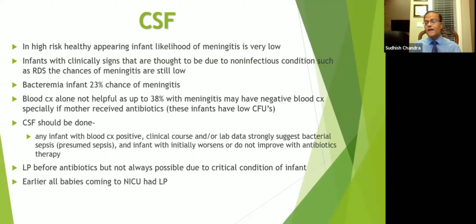Most of the time. However, it might change the indices, protein and all those things. It can change the cell count, but we can still make a determination if the baby has meningitis or not.